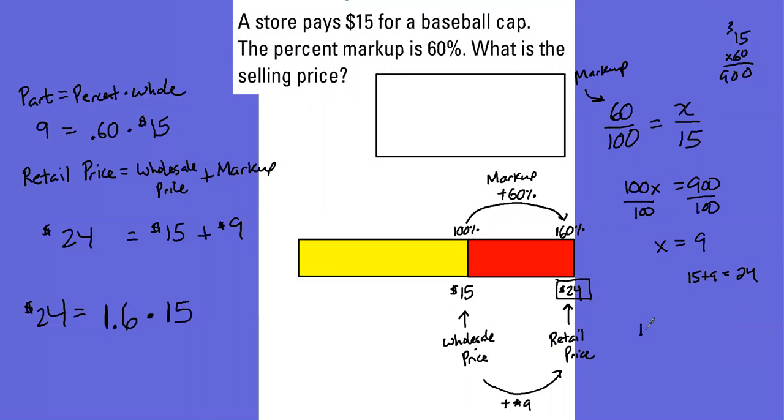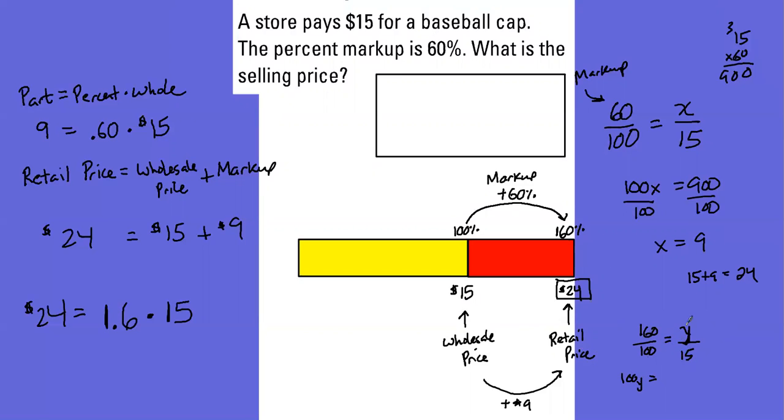Now, if I use 160% here, realize this would be 160 over 100. So this 160 is the 100 plus the markup of 60%. So how much would that be? And let's use a different variable. I'll use y. How much would that be if I'm starting at 15? With the markup included there, I'm basically paying 160 for every 100. Paying 160 for every 100 is the same as paying what for every 15? So you want to cross multiply.